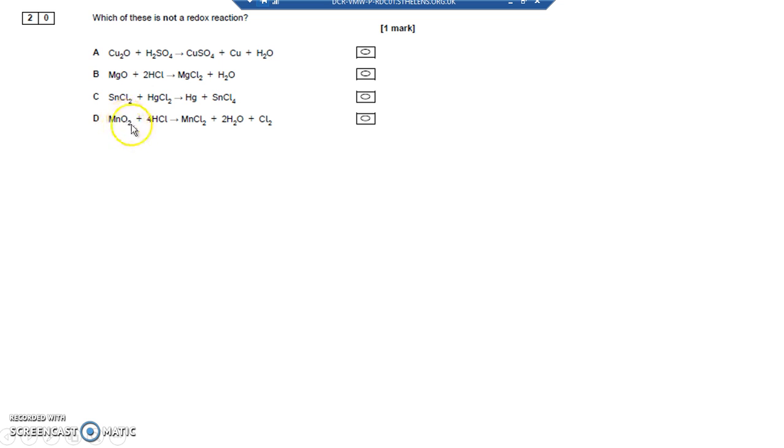MnO2, O's in -2 oxidation state, that's -4, so the Mn is in +4 here. With 2 Cl's at -1, the Mn ends in +2 to cancel out the -1 and the -1 on the Cl's. So it's gone from +4 down to +2. That's been reduced. So your answer is B.